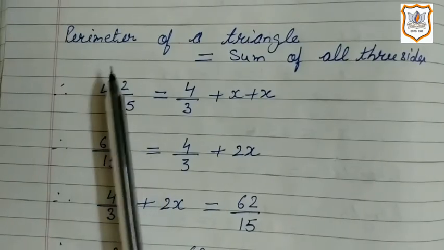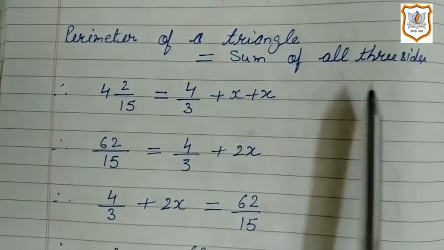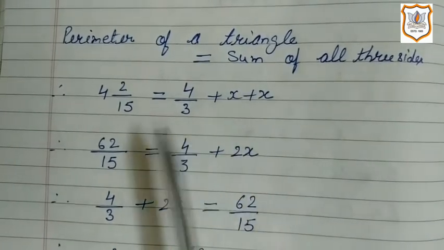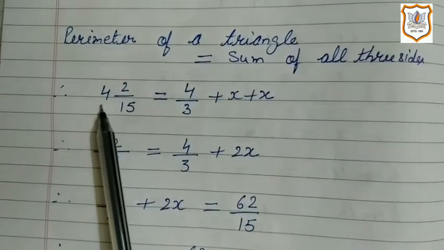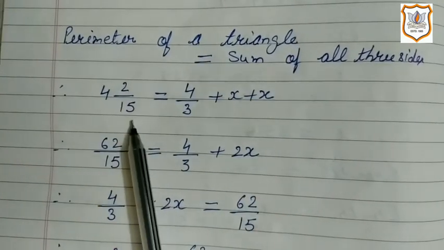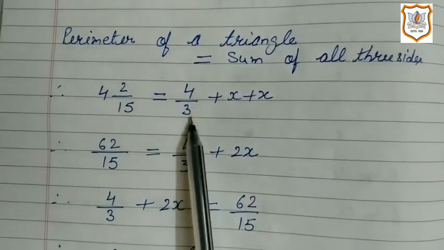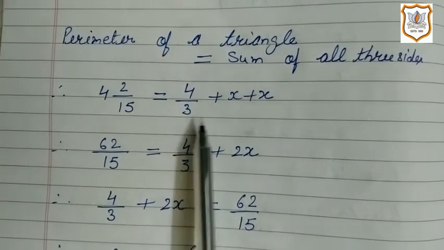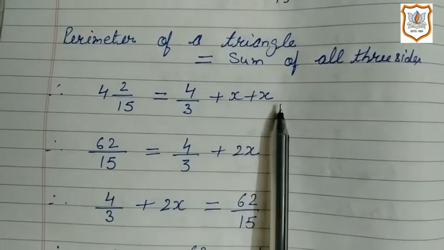As you know, the perimeter of a triangle is equal to the sum of all three sides. So the perimeter, 4 2 upon 15, is equal to the sum of all three sides, means 4 upon 3 is the base, plus x one side, plus x another side.